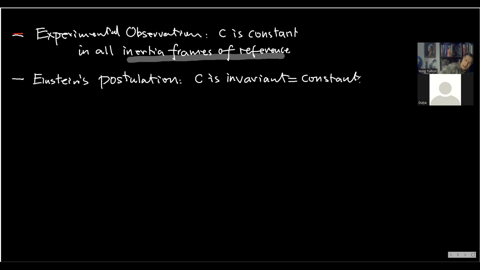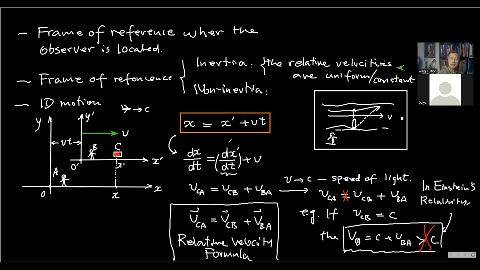Now, this has a profound implication for our understanding of space and time, see? Because in order to satisfy this condition, we have changed our idea. So therefore, let's just return to this diagram. So this is the first diagram.